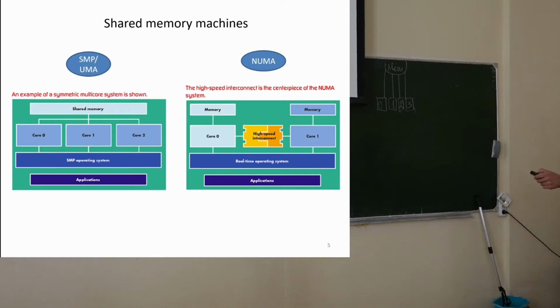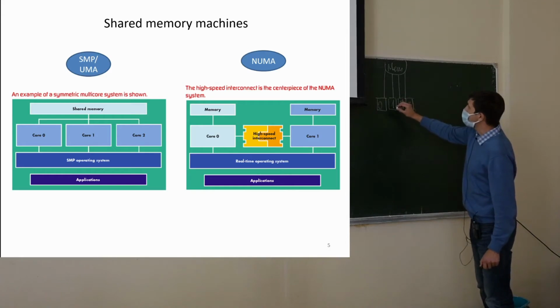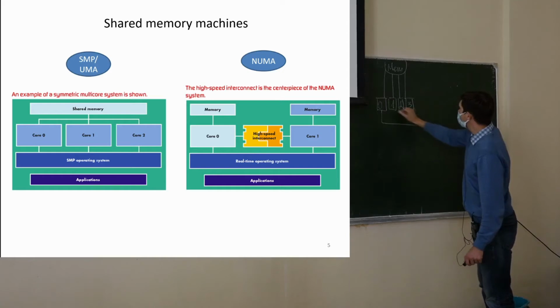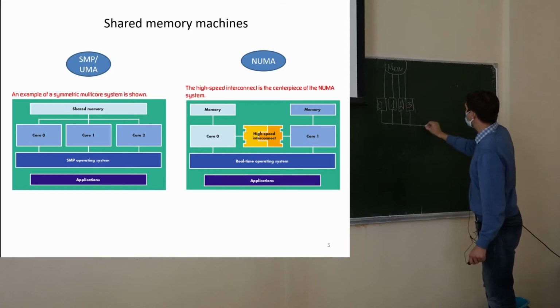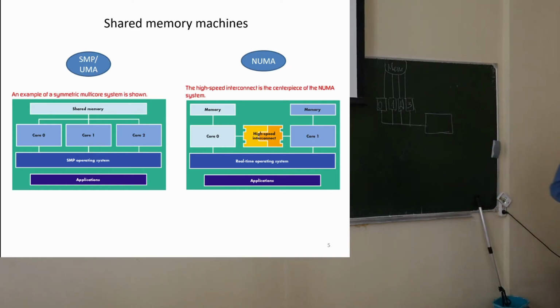So you can see here just one core, and here several cores. And we can see that they are all connected with some intermediate communicator. This one.